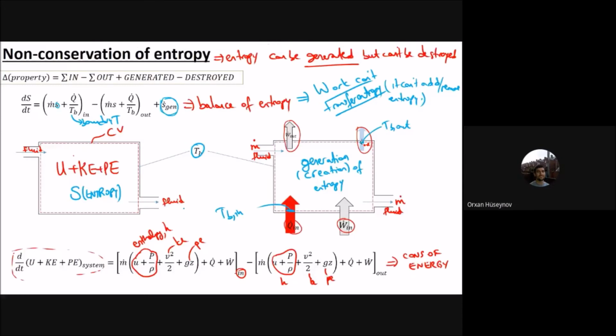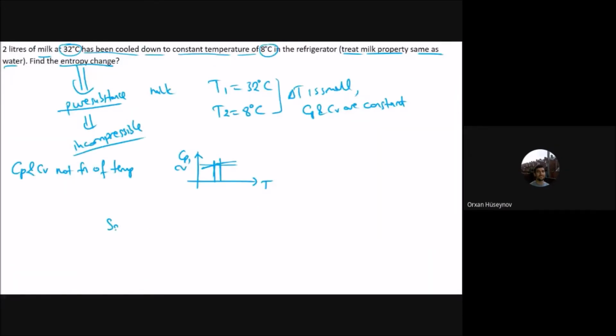So the entropy change S2 minus S1 will be equal to C average ln T2 by T1. Now let's look at the units and then solve it. This one has the same unit, therefore there is no unit here, no dimension.